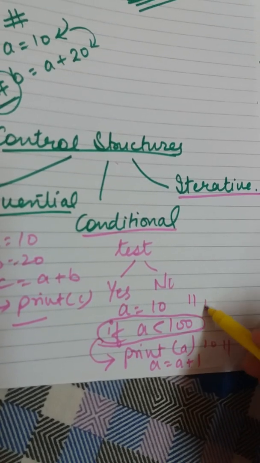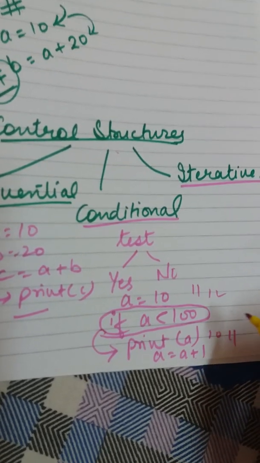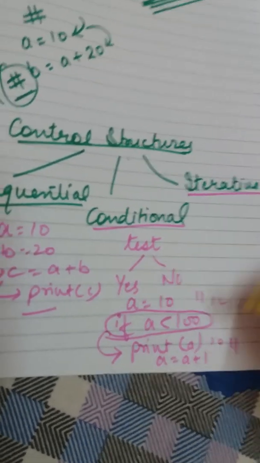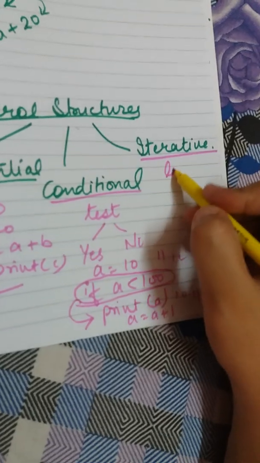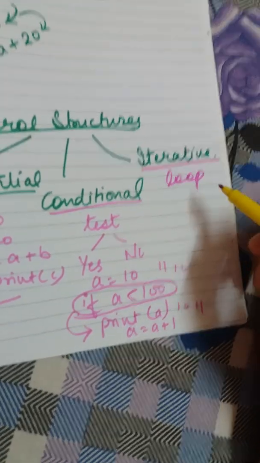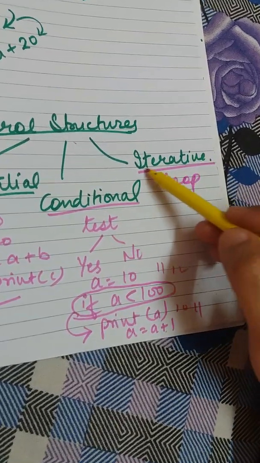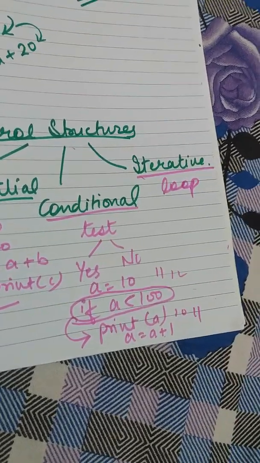Now again it will become 12 and so on, until the value of a is 100, the loop will go on. Okay, so this kind of statement where a loop is there, when the same set of statements are repeated again and again, this is known as your iterative control structure.